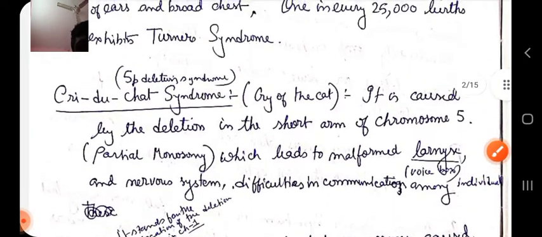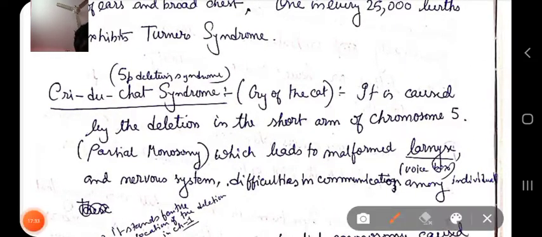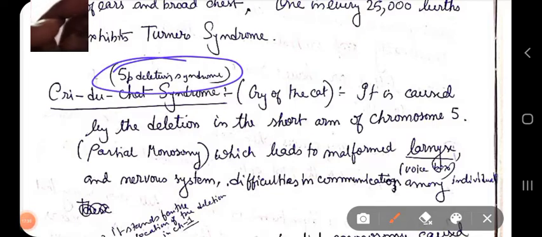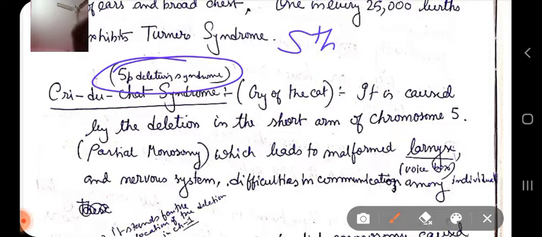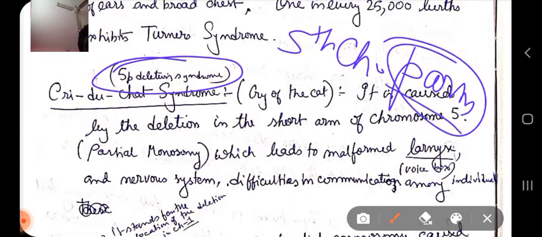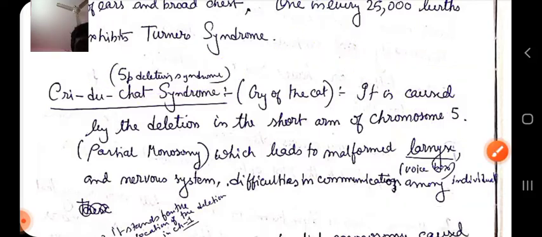The second type of syndrome is Cri-du-chat syndrome. This you have also studied. It is also known as 5p deletion syndrome. It means that a region of the short arm, the P arm, of the fifth chromosome has been deleted, and that leads to Cri-du-chat syndrome.